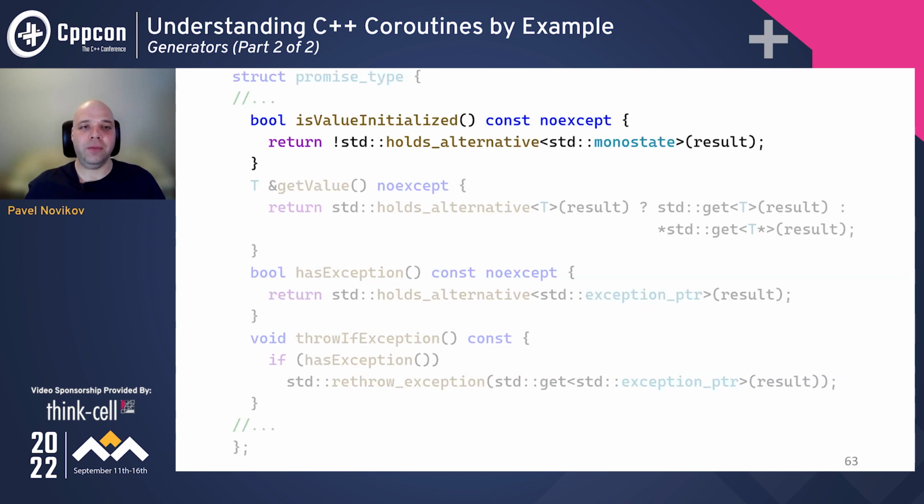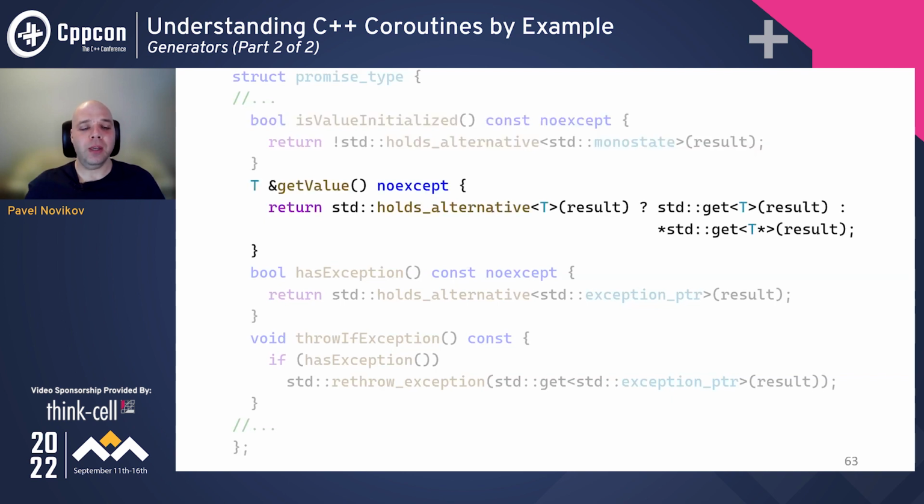This is equivalent to the state being not monostate, so not the empty state. We check that our result is not empty, basically. Next is getValue. Here we get rid of the check for exception and throwing an exception. We extracted it into a different function.